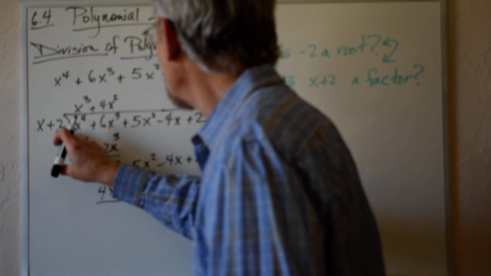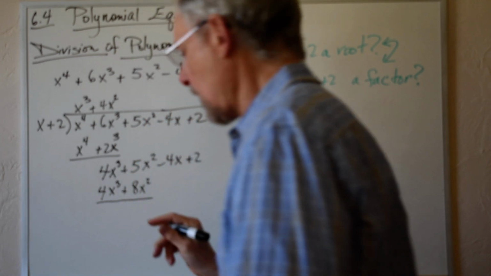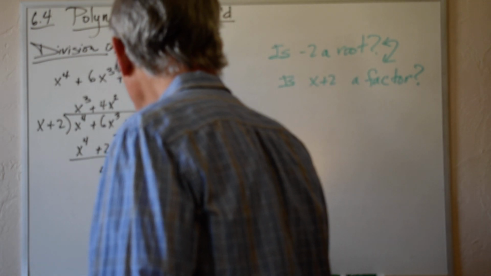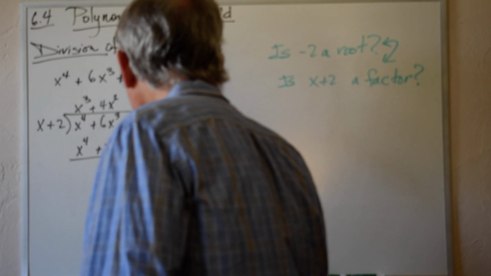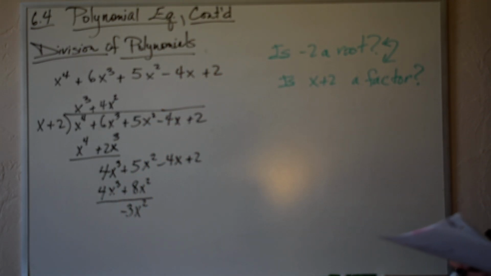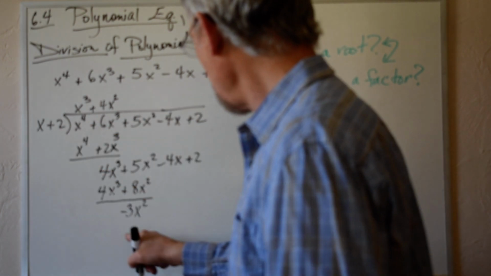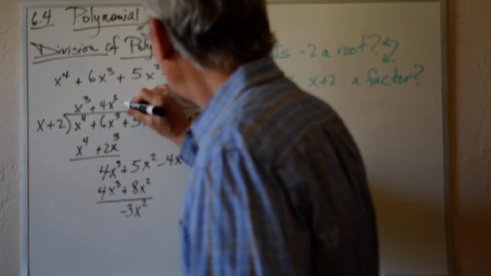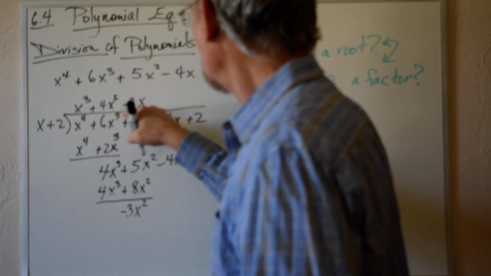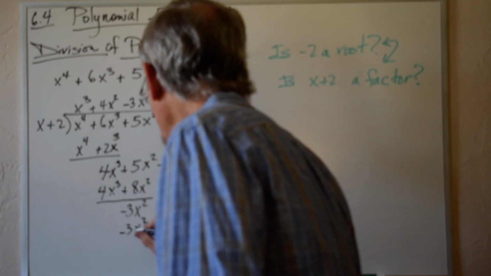The 4x squared hits 2, I'm going to get 8x squared. I subtract. These cancel out, I get 0. Over here, I get minus 3x squared. Now, what do I need to multiply by to make a minus 3x squared appear here? I'll need a minus 3x. Minus 3x hits the x, gives me minus 3x squared.